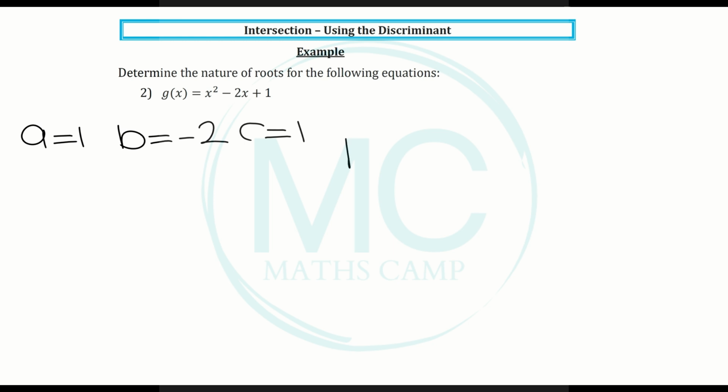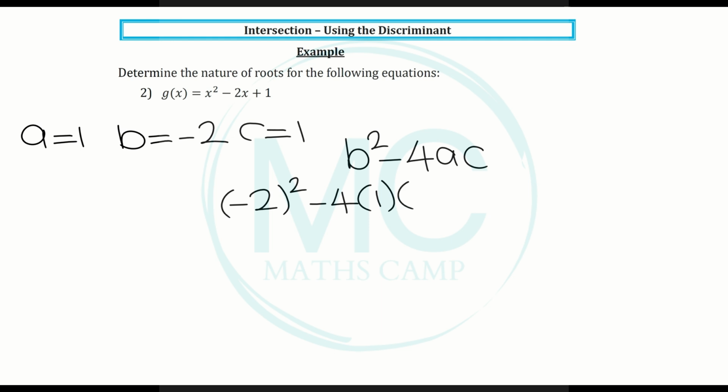For the discriminant, b squared minus 4ac. b is negative 2, so I have negative 2 squared minus 4 multiplied by 1 multiplied by 1. Negative 2 squared gives me 4, so I get 4 minus 4, which is equal to 0. Here, the discriminant is equal to 0. So we only have one real root.